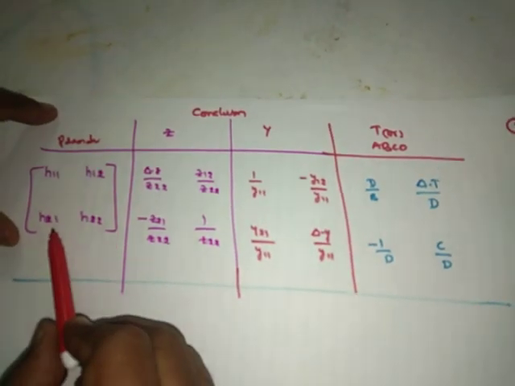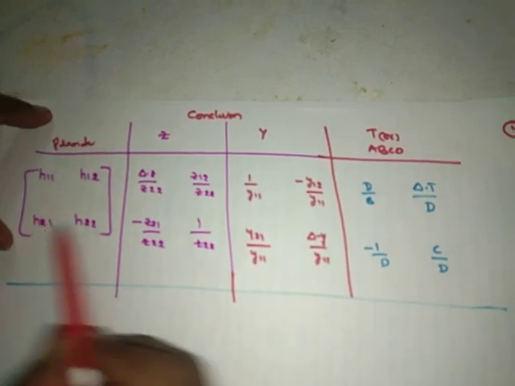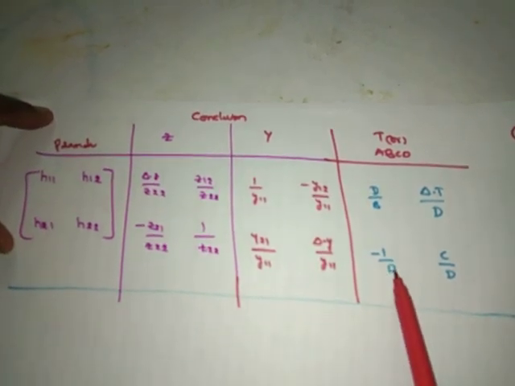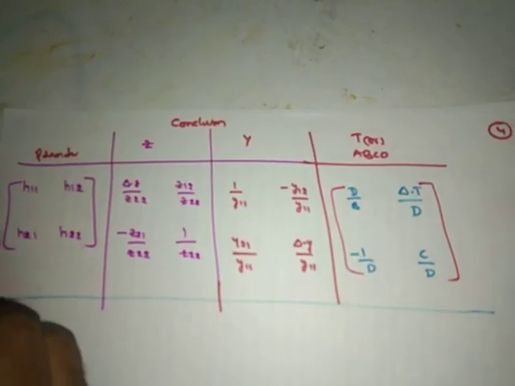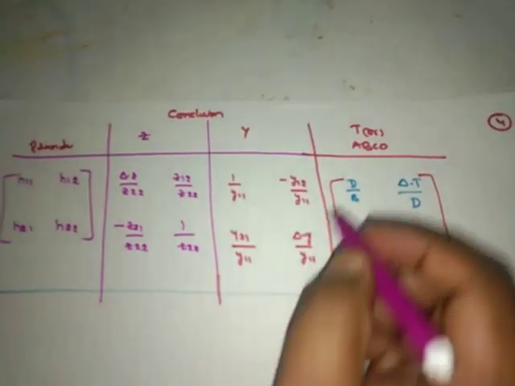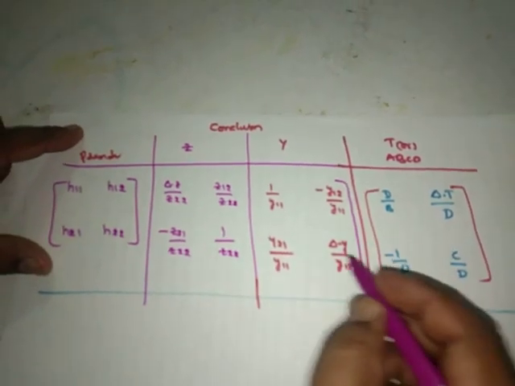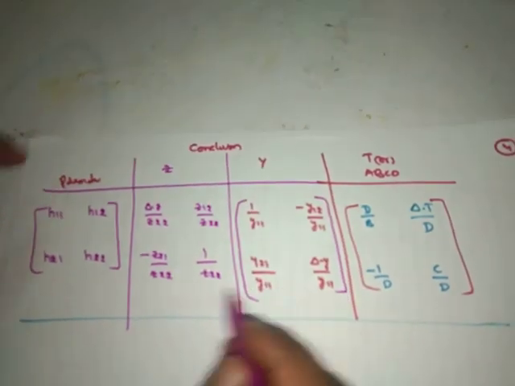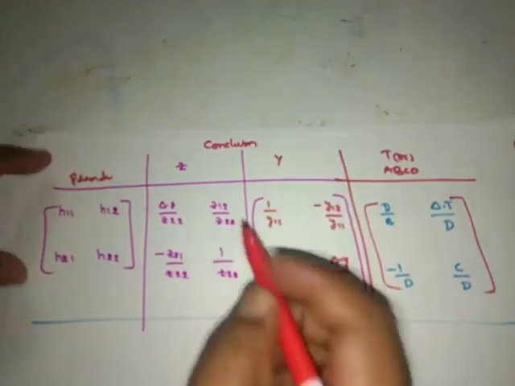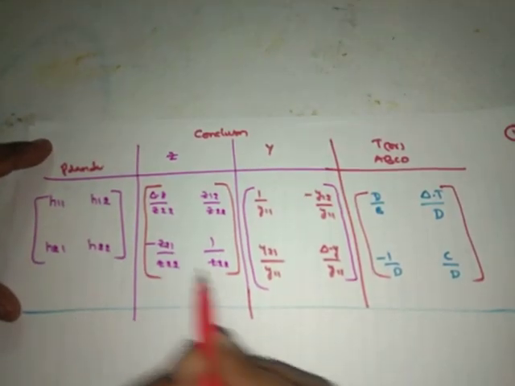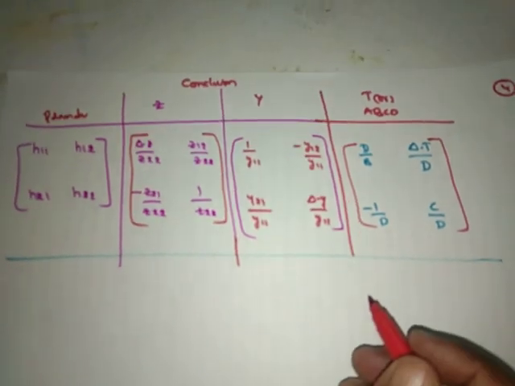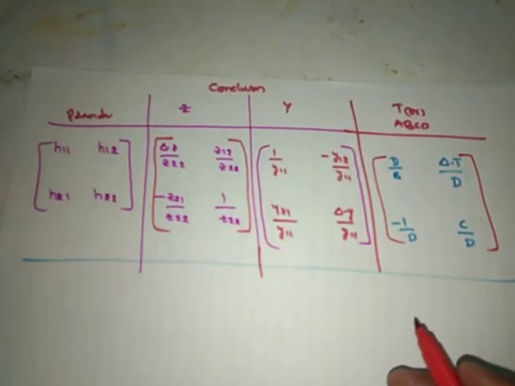Suppose H21 in terms of T parameter. H21 T parameters is minus 1 by D. This is the T matrix. Okay, like that we can easily convert one parameters in terms of remaining 3 two-port network parameters. Thank you.